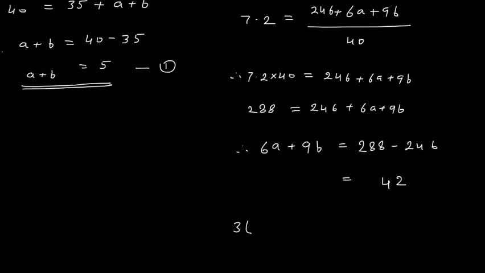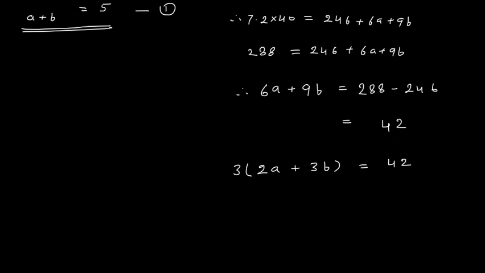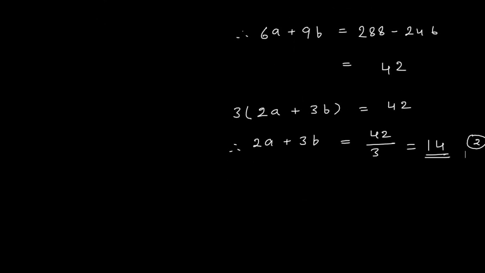So when we take 3 common, it will be 2a plus 3b, and here it is 42. So therefore 2a plus 3b is 42 upon 3, which is 14. So this is your second equation. Okay, so first equation and second equation.